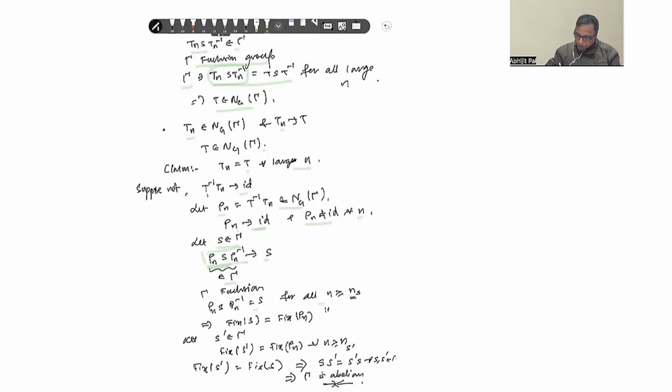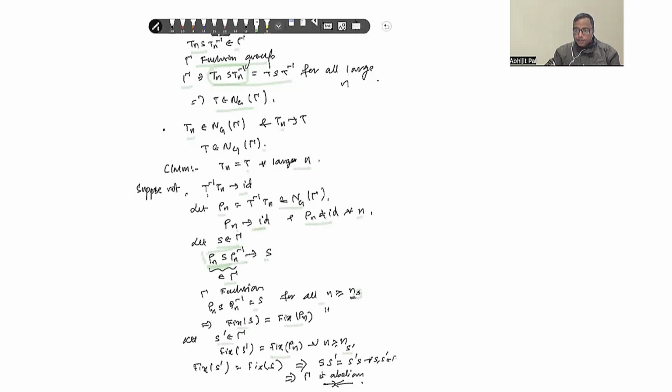So this will prove what? The fixed point set of S is equal to the fixed point set of Pn for all n greater than or equal to n_S. Now let us take S prime belongs to gamma. Again you will get an n_S prime such that for all n greater than or equal to n_S prime, the fixed point set of S prime will be equal to the fixed point set of Pn.